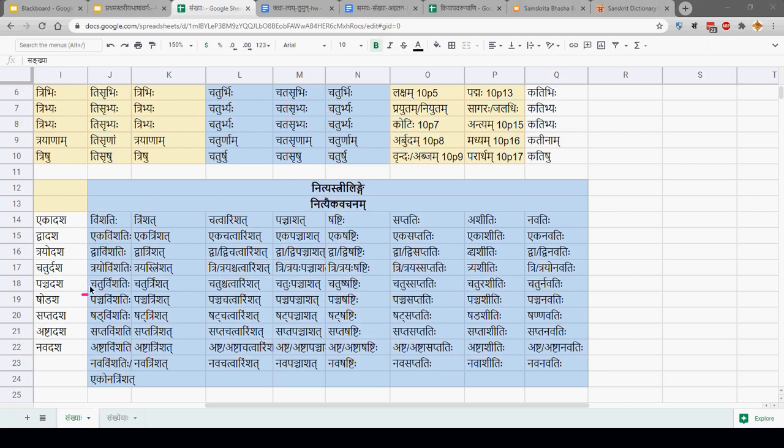Let me fix this. So this will appear like this: Chatustrinshat, not Chatur, because the sandhi rules are clear there.